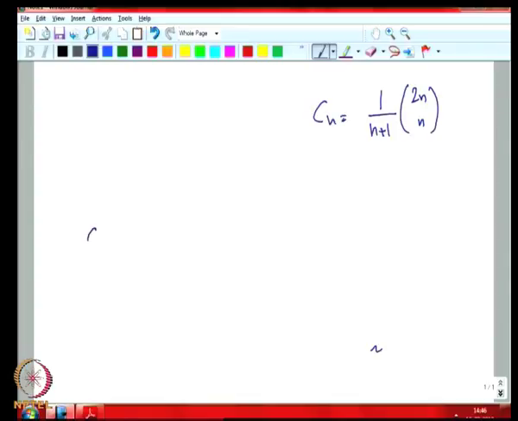Now consider some n plus 1 numbers a1, a2, a3, up to a_{n+1}. The parentheses may be used to evaluate the product. Take an example a1, a2, a3, a4, a5.